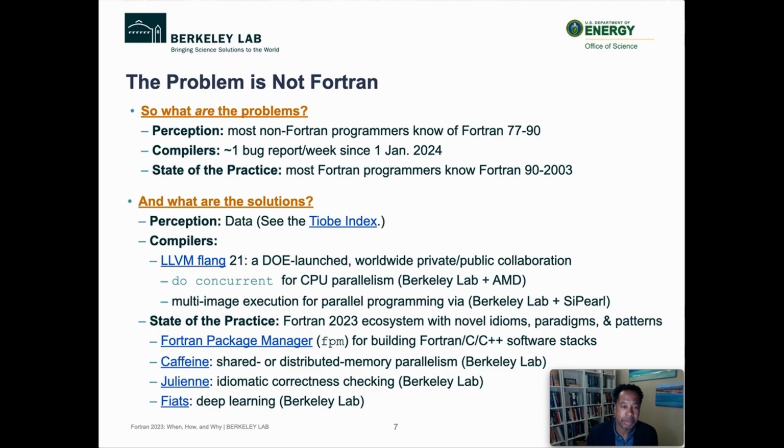My group contributes unit tests and runtime library support for the LLVM Flang compiler, the next version of which, 21, will have a lot of exciting features, including the ability to automatically parallelize loops using Fortran's do concurrent construct, which LLVM Flang 21, thanks to a collaboration with AMD, will be able to automatically parallelize on CPUs.